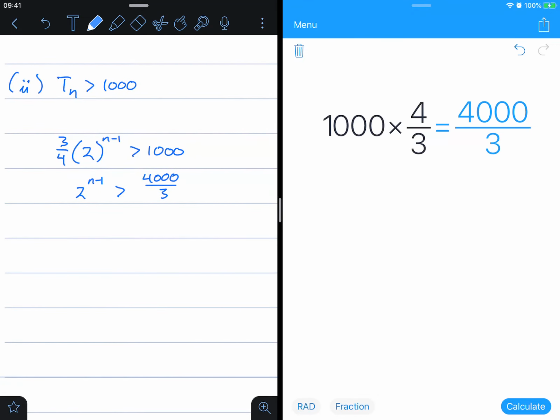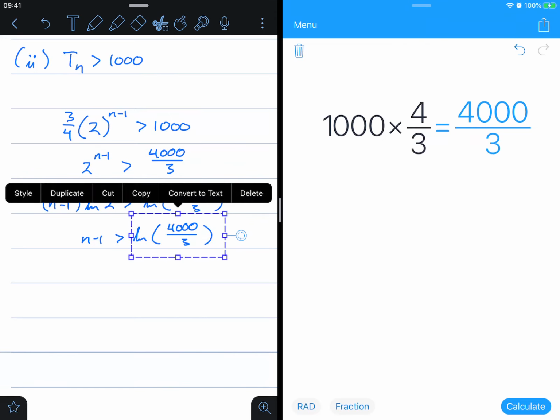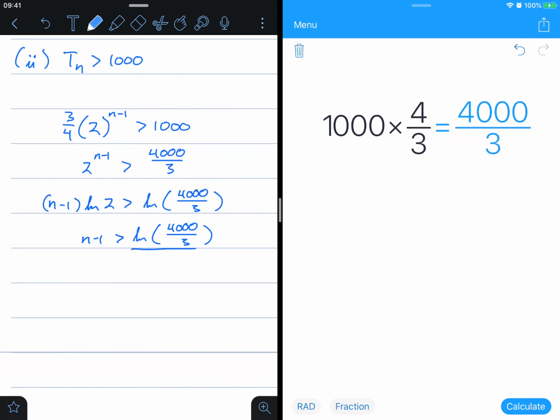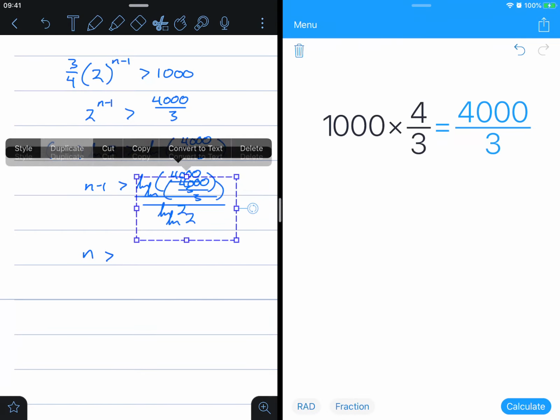Taking ln of both sides, we get (n minus 1) ln 2 greater than ln of 4000 over 3, so n minus 1 is greater than ln of 4000 over 3 divided by ln 2.